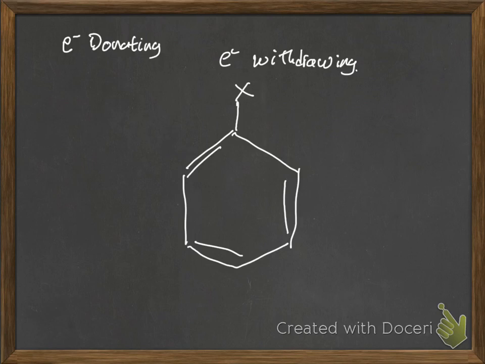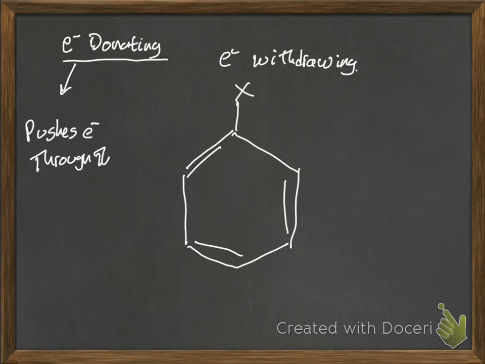So now here we are. If something is electron donating, what that means is it pushes electrons through the conjugation. So let's take a look at our example here.